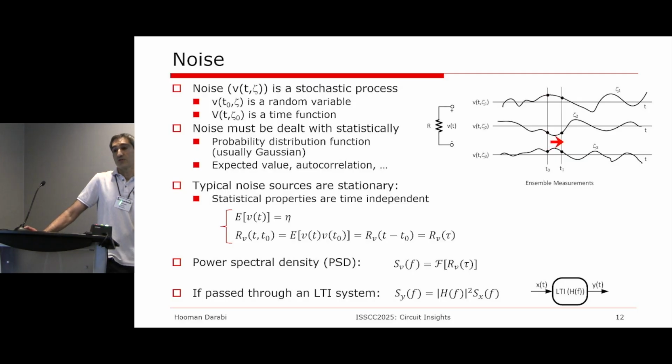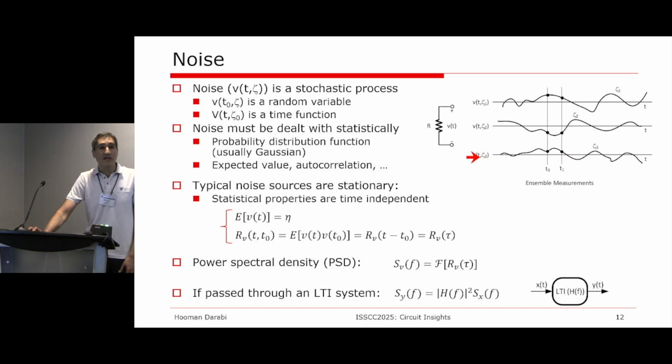And for that reason, it must be treated as such. You have to resort to statistical means to characterize it, like the probability density function, usually Gaussian in electrical random signals, the expected value or average mean, and other properties.